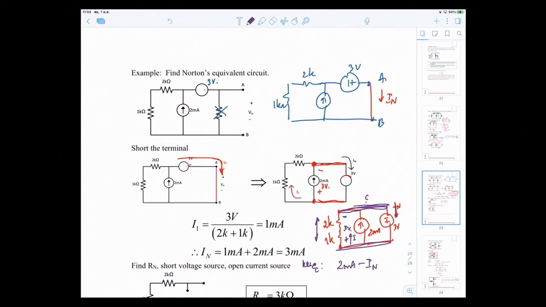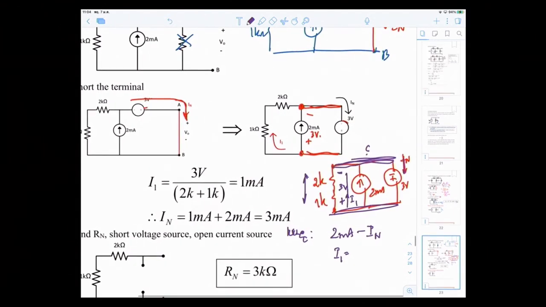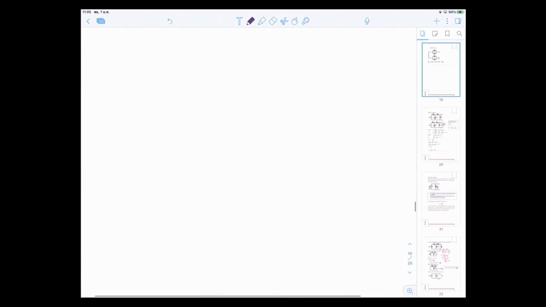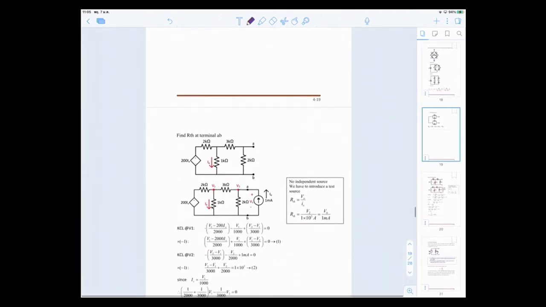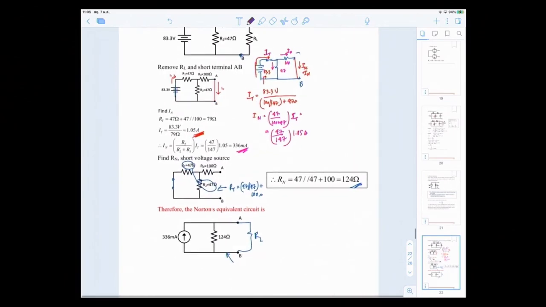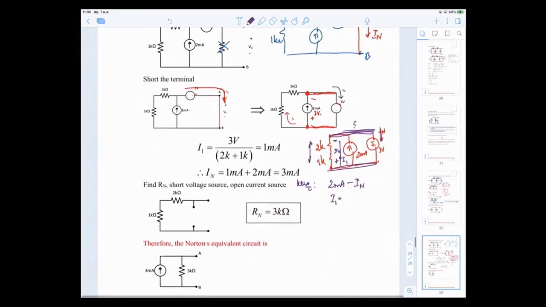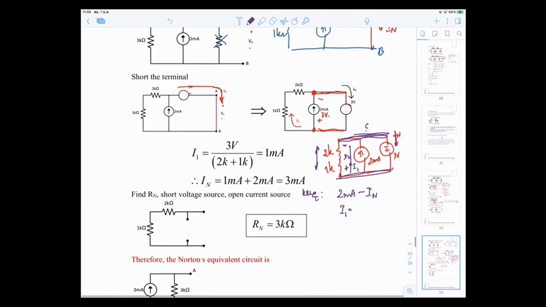So let's call this I1. My I1 is a current passing through the 2K and 1K in series. So my I1 would be equal to 3 volt over 2K plus 1K, so equal to 1 milliamp.